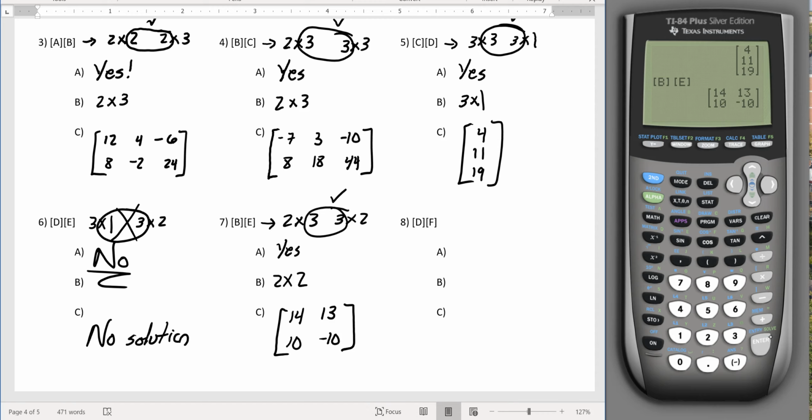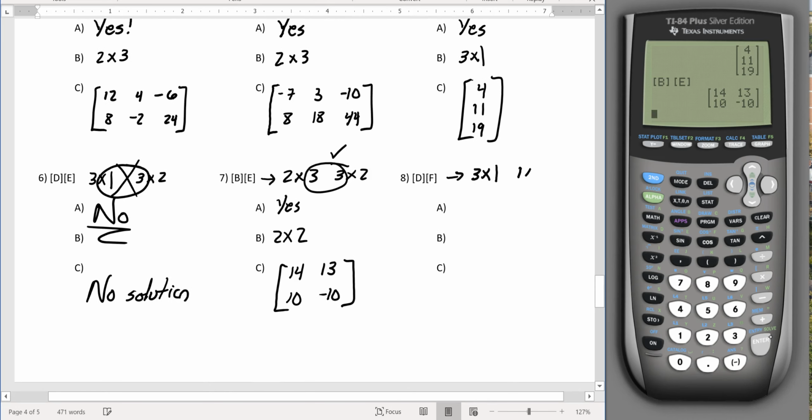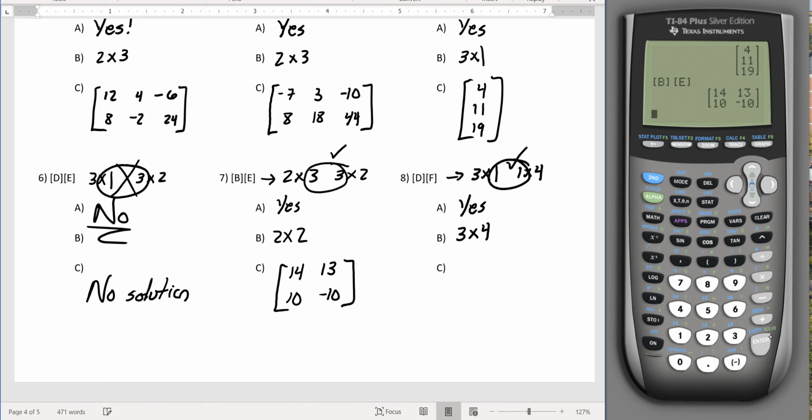All right, last one, D times F. Well, D is a 3 by 1 matrix. F is a 1 by 4 matrix. All right, so are the middle numbers the same? Yes, they are, so that means we can multiply these together. The order is going to be a 3 by 4 matrix.